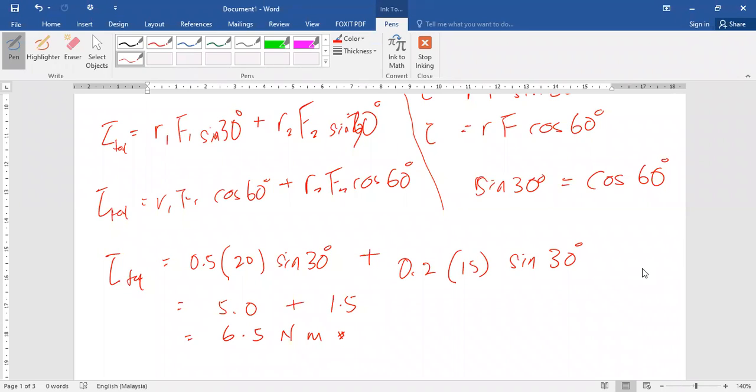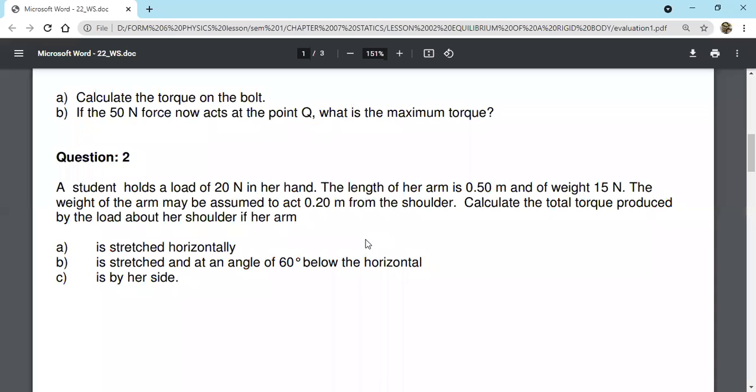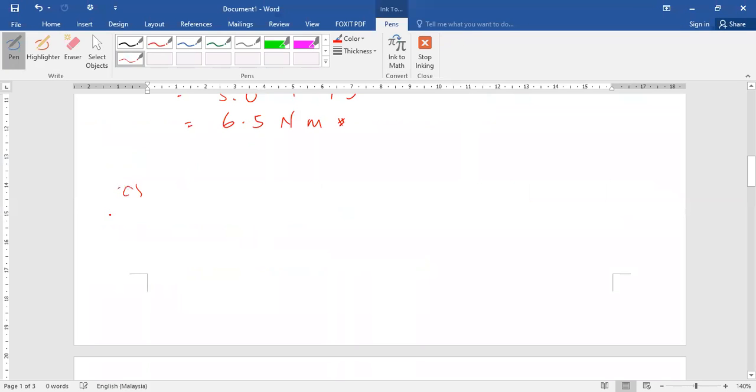Okay, let's go to question C. Question C, if her arm is by her side. What is the meaning by her side? If the arm is by her side, that means that the arm is like that, the object held like that.